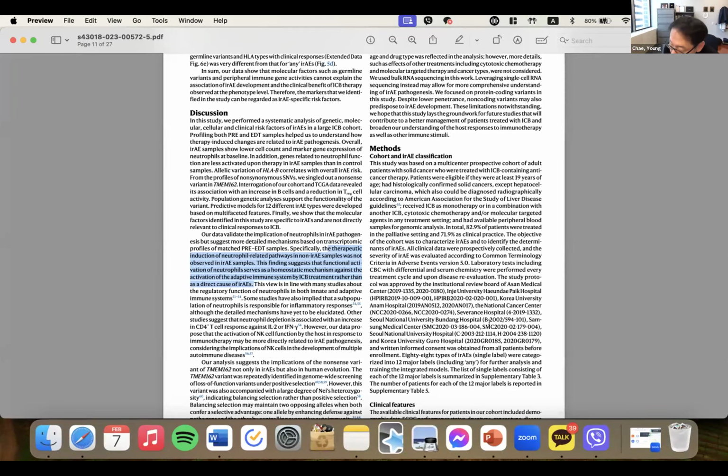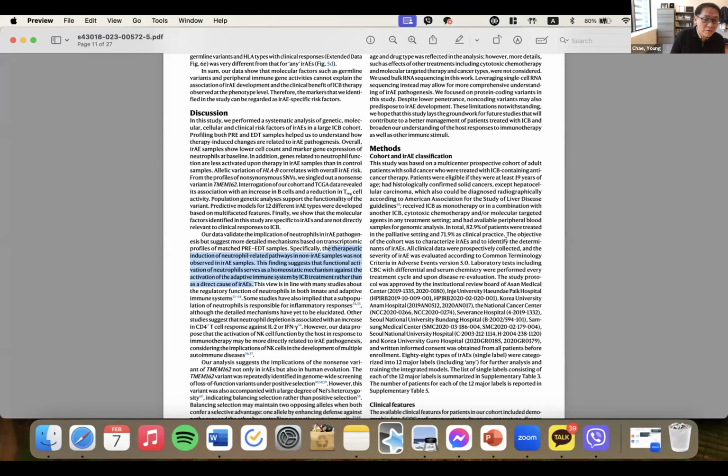So neutrophil activation is not going to be seen in the immune toxicity group. Do you understand that? Yes. And we can explain it through many different things: NK cells, CD4 T cells, whether it's a direct relationship or indirect relationship, everything is hypothesis. And that's what the discussion is here for. They're discussing it. So go back to your last comment.